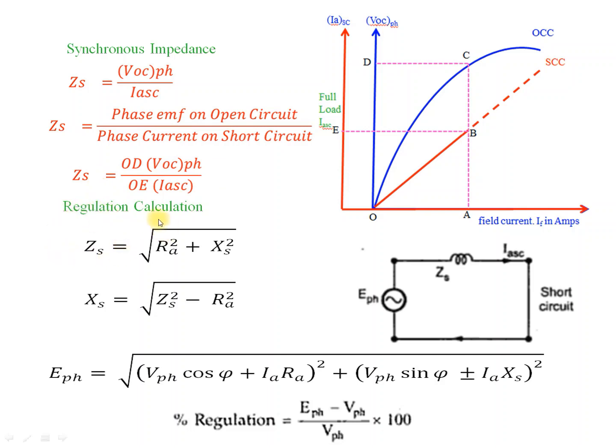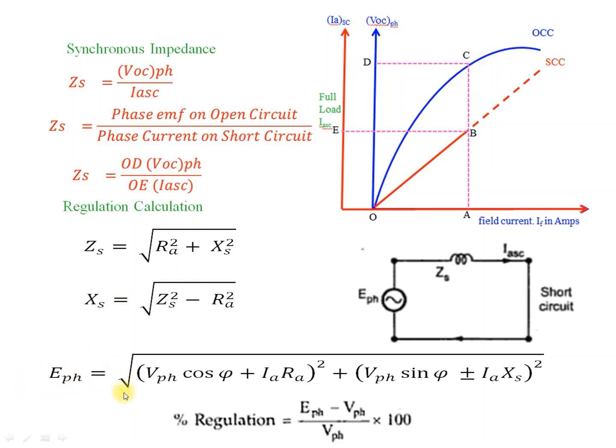So how to calculate the regulation from this calculation? ZS is equal to root of RA square plus XS square, and from this equation we can find out XS is equal to root of ZS square minus RA square. How to find out the E phase value?